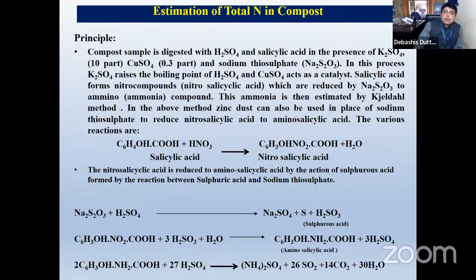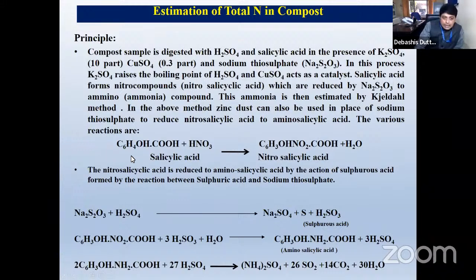In the case of compost, at first we digest with sulfuric acid and salicylic acid in the presence of potassium sulfate and copper sulfate. Potassium sulfate increases the boiling point of the H2SO4, and copper sulfate acts as a catalyst to enhance the digestion of the compost samples.